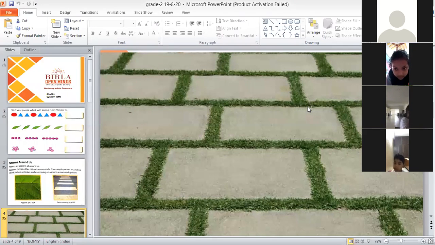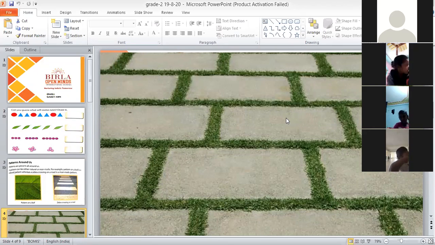Man-made. Man-made, okay. Yes, P. Kartika? Ma'am, one more is there. I'm asking about this pattern. Man-made or natural?